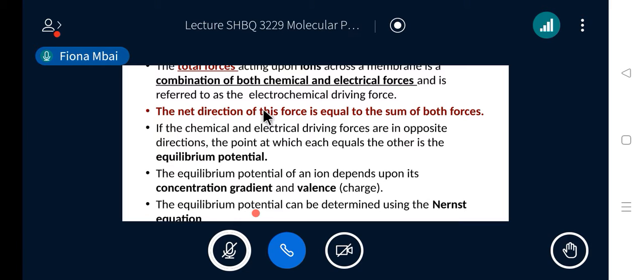The equilibrium potential can be determined using what we have seen before, the Nernst equation. That is the concentration outside and the concentration inside. Remember, we used that Nernst equation for that. So I'll let you copy this also if you don't have any questions.